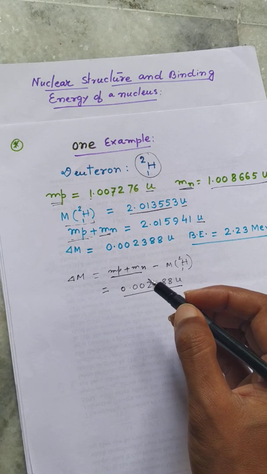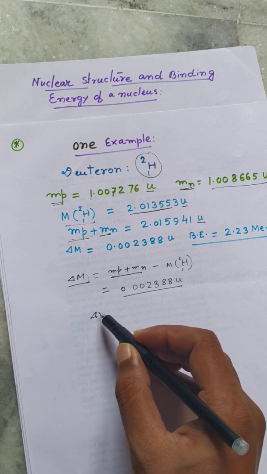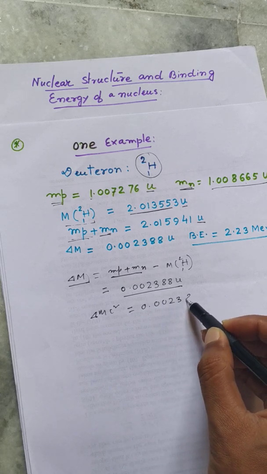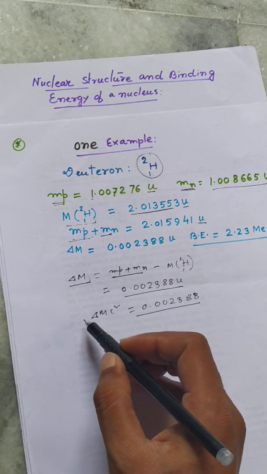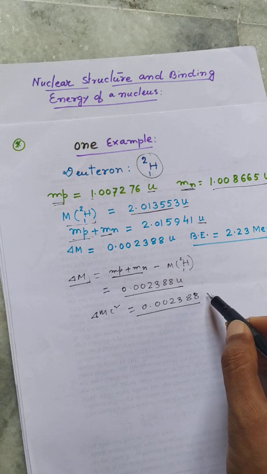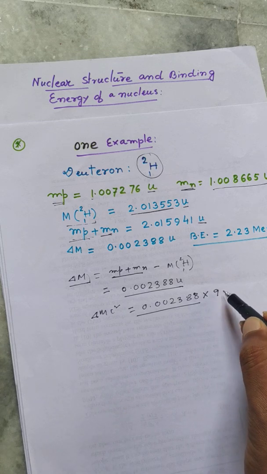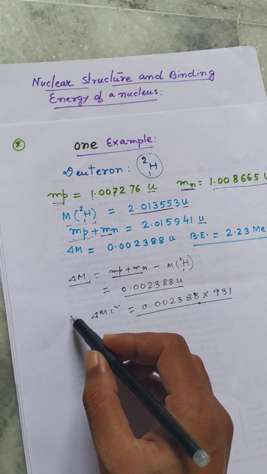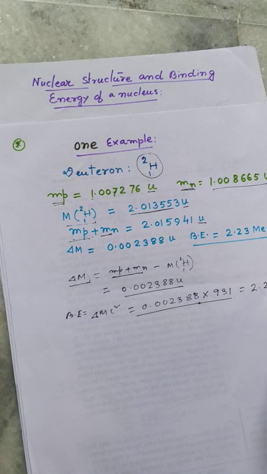So the energy corresponding to this mass is delta m c square, and this is equal to 0.002388 times c square atomic mass unit, times 931, and this is equal to the binding energy, and the value is 2.23 MeV.